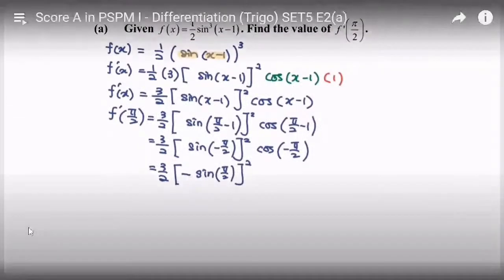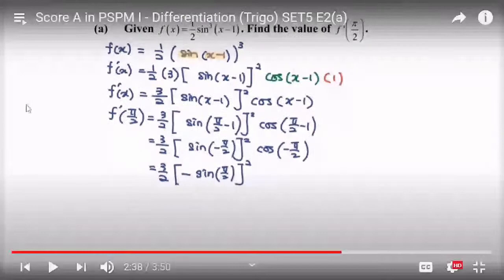Okay, so mungkin ada pelajar dia confused. Dia kata, kenapa negatif tu boleh keluar? Try to imagine negative pi over 2. What does it mean? Negative 90, right? So what quadrant is that? So in the fourth quadrant. So in the fourth quadrant, supposed to be negative lah. Okay, so saya akan explain kenapa pula untuk ini.